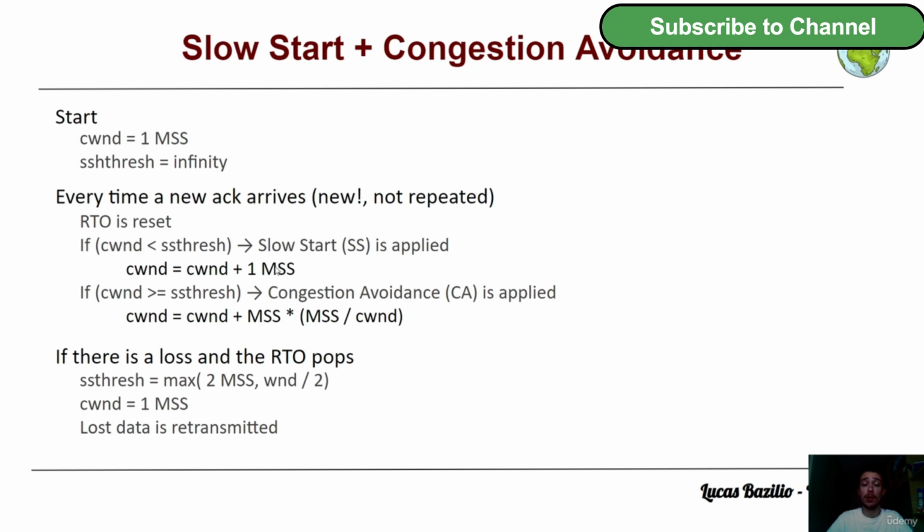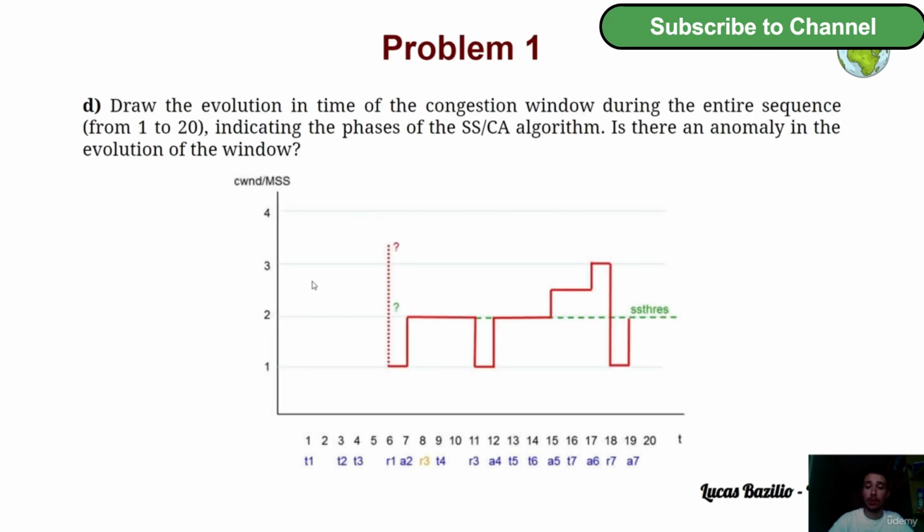Instead, we will use slow start, because now we are in the slow start phase. So we increase the congestion window by 1 unit: 1 plus 1 gives us 2. So at exchange 19, the congestion window goes up to 2.